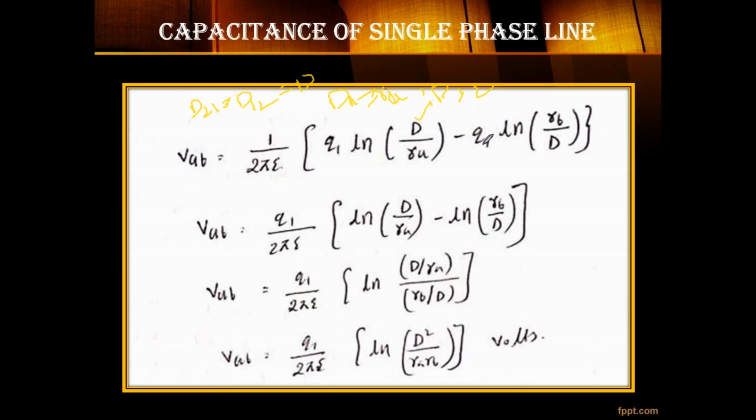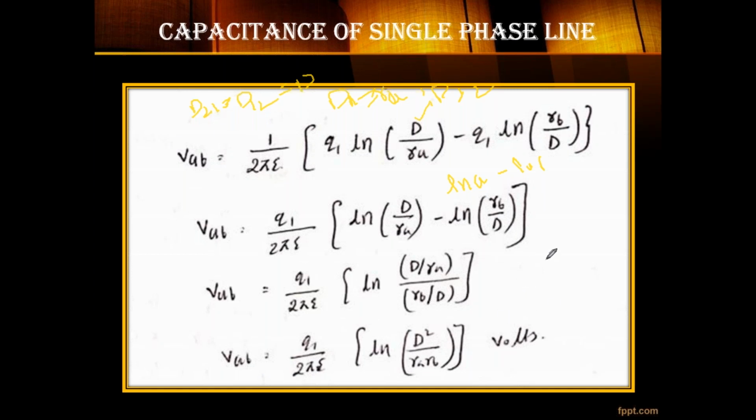Now let me take Q1 as common in both terms and bring it outside. So Q1 by 2 pi epsilon into ln D by r_A minus ln r_B by D. Now by the formula ln A minus ln B equals ln A by B. From this formula, finally we get V_AB equals Q1 divided by 2 pi epsilon into ln D square divided by r_A r_B.